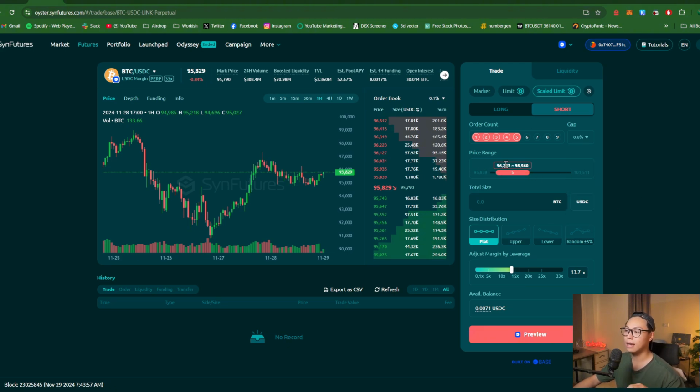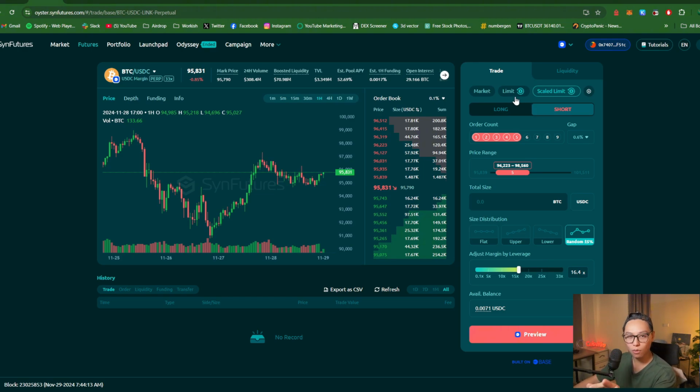That means SynFutures is going to short 5 times my position between the price of $96,000 to $98,000, and then I can specify the size distribution, like how I want my orders to be executed. And I can choose a leverage.